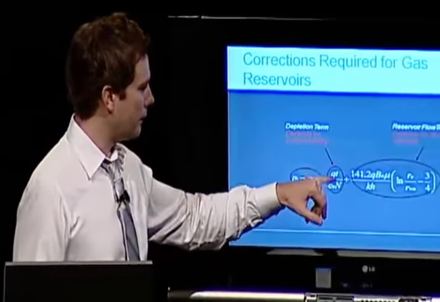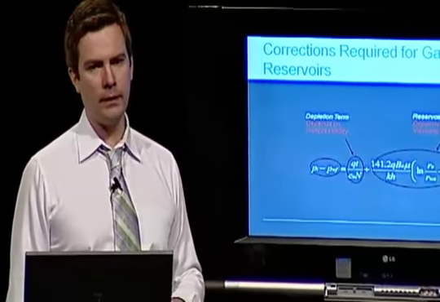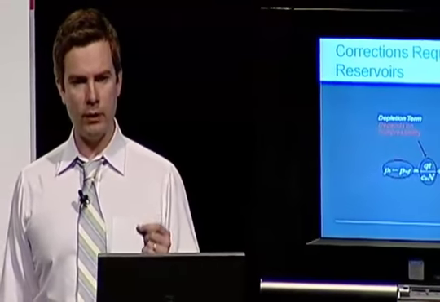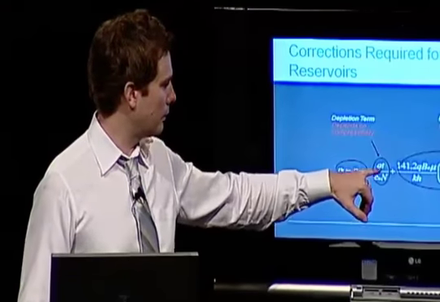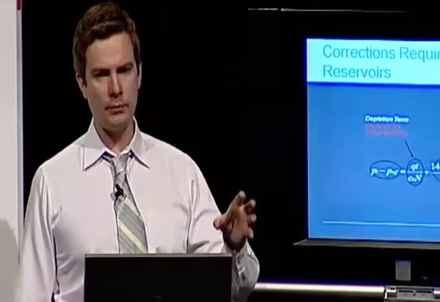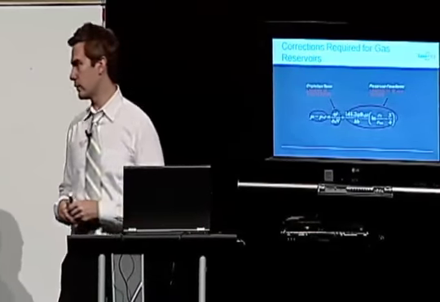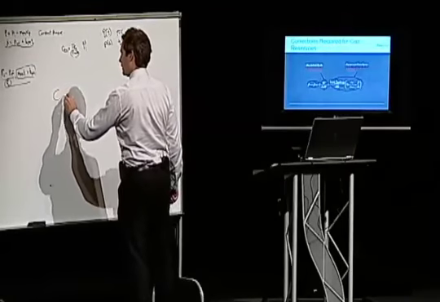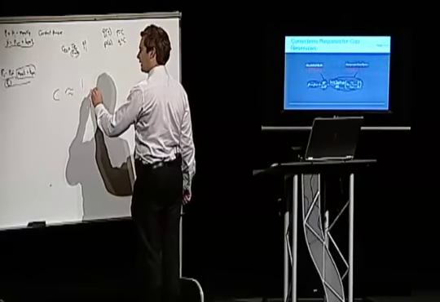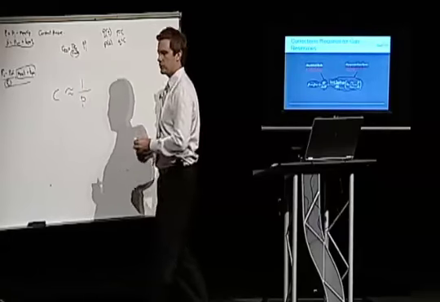On the depletion side of things, you'll notice that there's a compressibility term in there. Gas compressibility is not constant. And so we can't just assume that it's constant. What we're doing here with oil is the assumption is that we had this constant compressibility. And we can't make that assumption for gas. In fact, if you look at the equations for gas, compressibility is fairly well approximated by 1 over pressure.